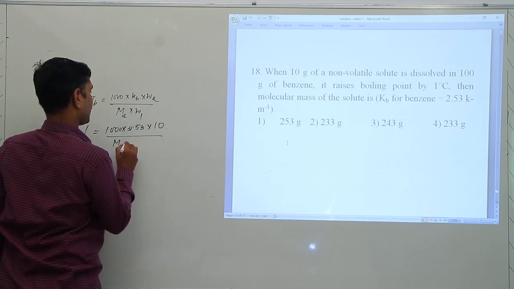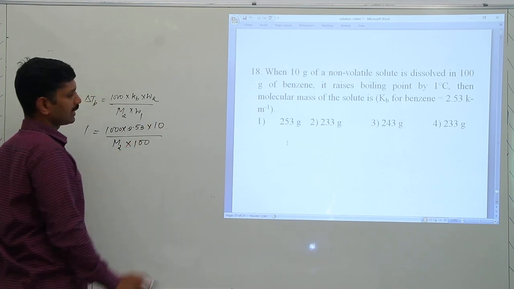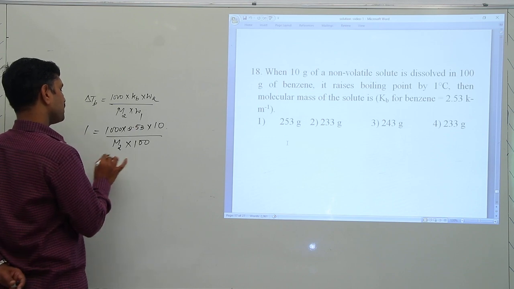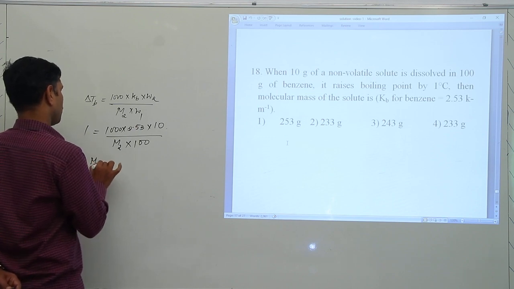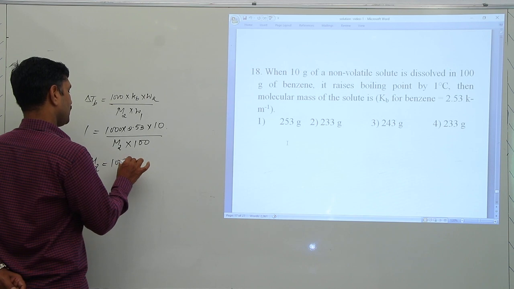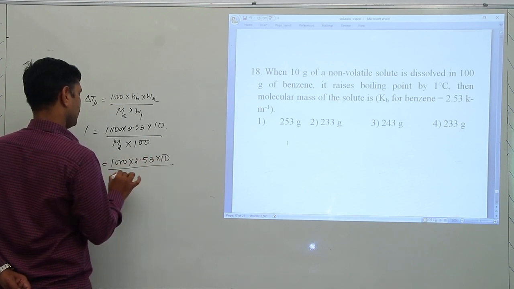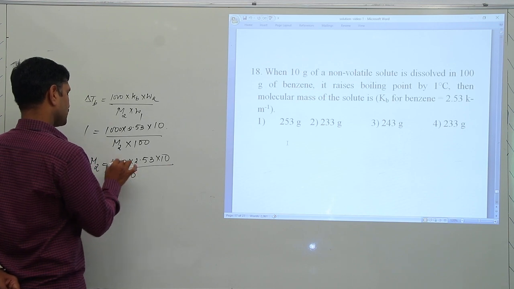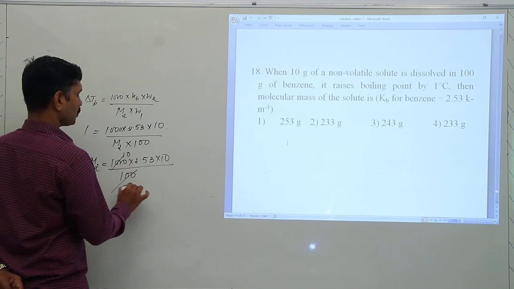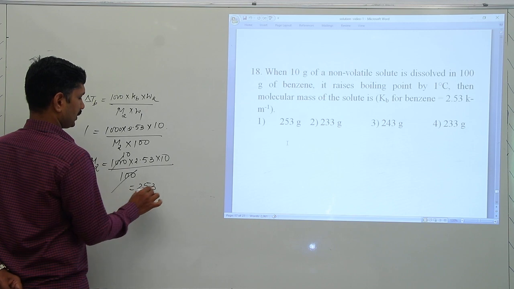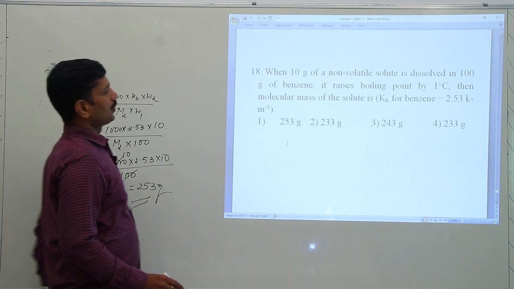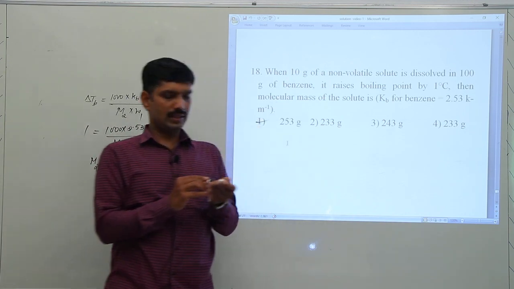Sorry, 10. Correct. This is 100 gram, it's already given. Then you simplify: M2 is equal to 1000 into 2.53 into 10 divided by 100. The 10s cancel, so the answer is 253 grams. The first option is correct here.